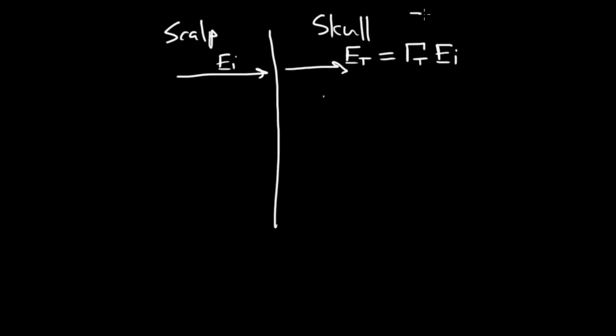In this case, Z naught equals 145 ohms. Over here for the scalp, Z naught is above equals 55 ohms.